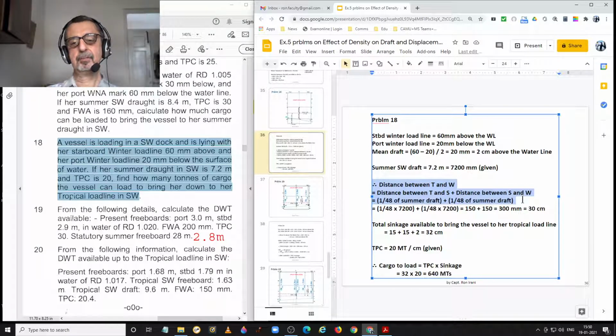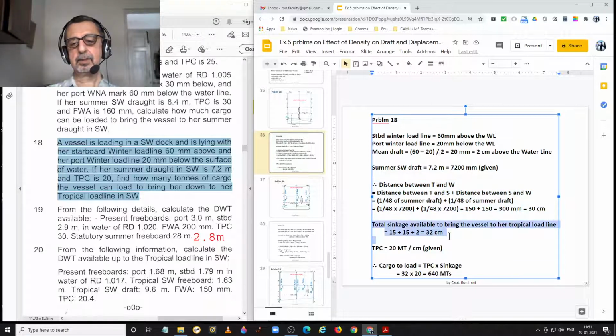So, the distance between tropical and winter load lines is 1 by 48 of the summer draft multiplied by 2, which when you work out using the value of summer draft 7,200 millimeters, you get it equal to 300 millimeters or 30 centimeters.